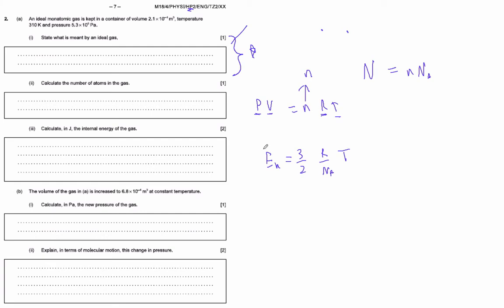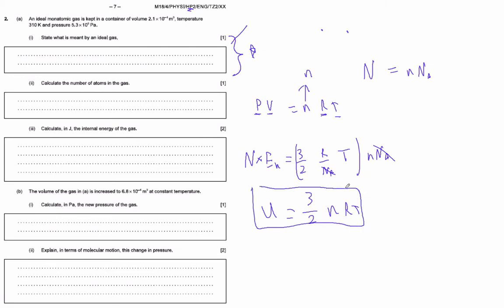If we multiply it by the number of particles, then you'll have the total energy, and the number of particles is n times Na. You can feel free to multiply by Avogadro's number and then later divide by it, but you can also just go boom. Wouldn't it just be 3/2 nRT? That formula is in the data packet at the end in the options for thermodynamics, but we can use Boltzmann's equation to do that.